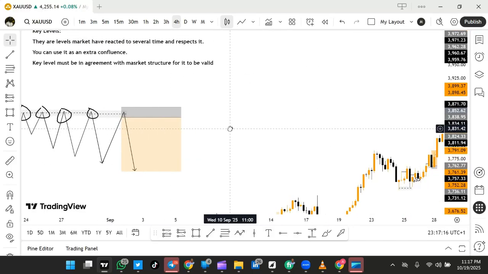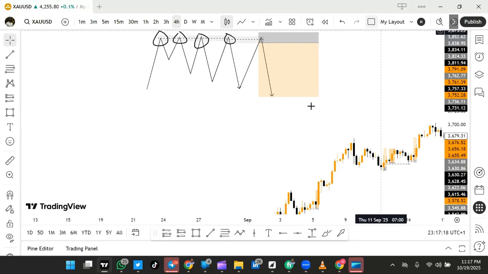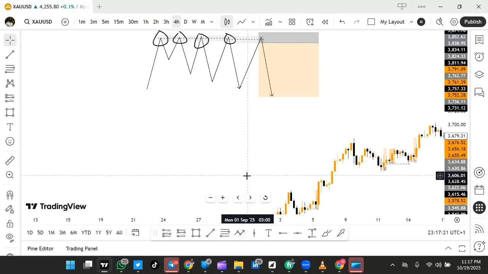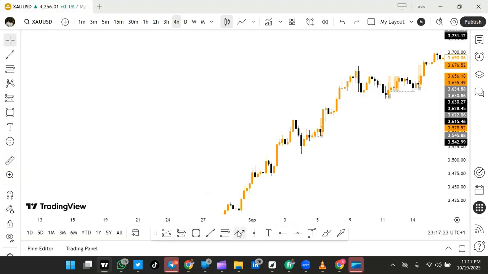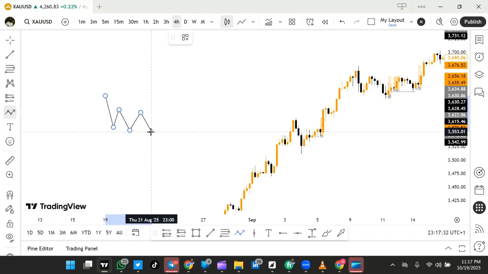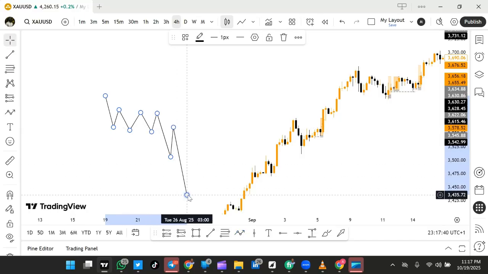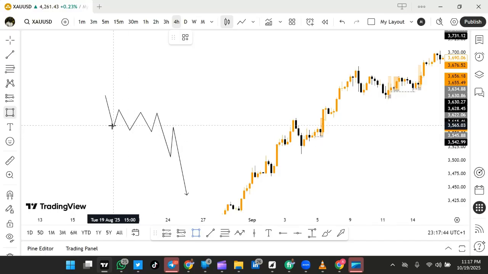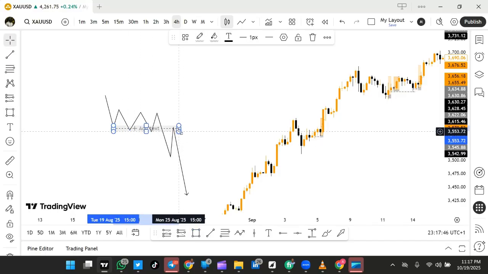And let's say for example we have another key level. The market bounced, bounced, came and then eventually broke below it, and then retested that level again. So this level here is also referred to as a key level. Why?